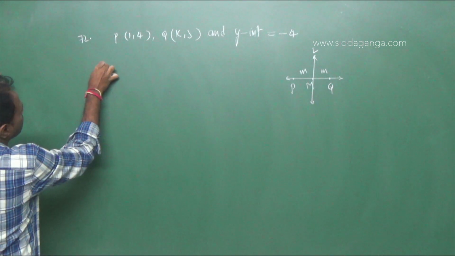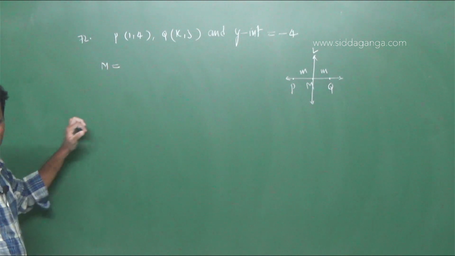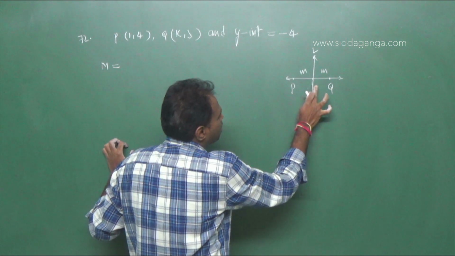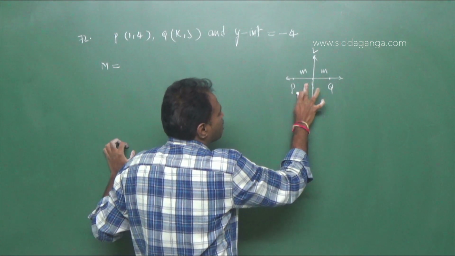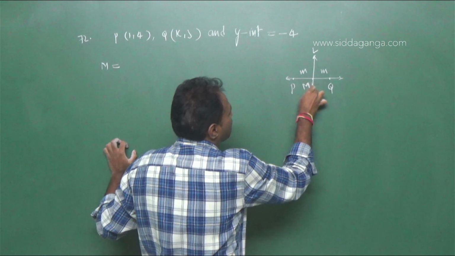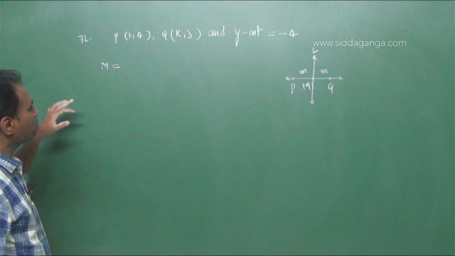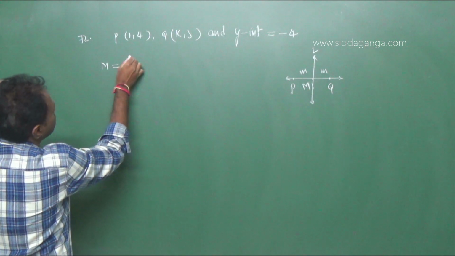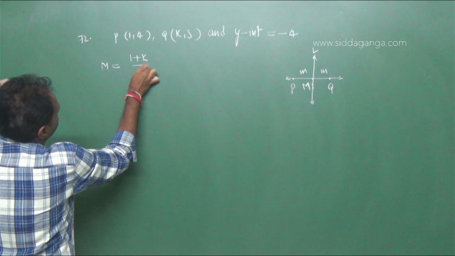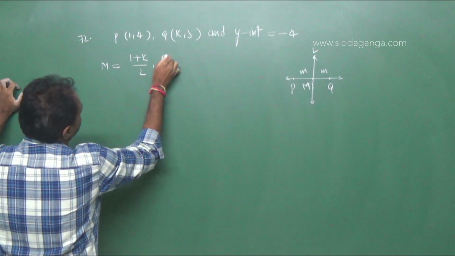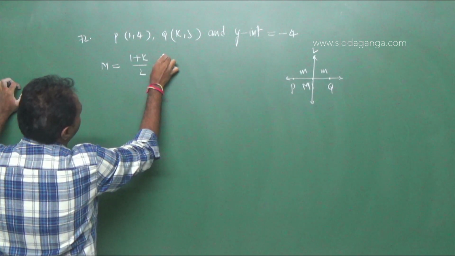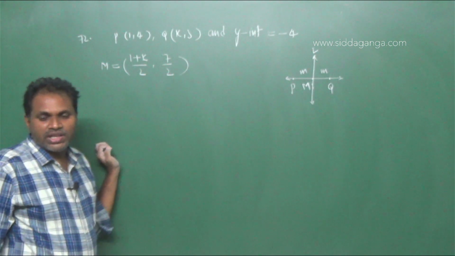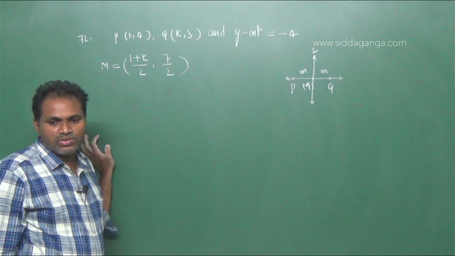Therefore, first you find M, the midpoint of PQ. The point of intersection of the perpendicular bisector and the given line is M. The midpoint formula is (x1 plus x2) by 2, comma (y1 plus y2) by 2.